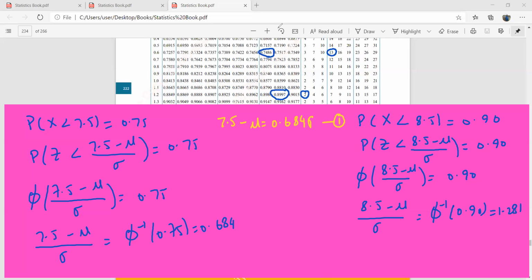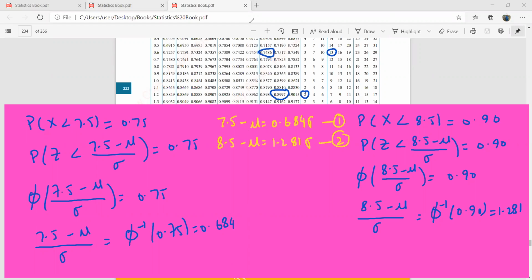So my second equation is 8.5 minus mu is 1.281 sigma. That is the second equation. Guys, you can solve these two equations simultaneously to get the values of mu and sigma. I'll keep it up to here. Let me just give you the solution.